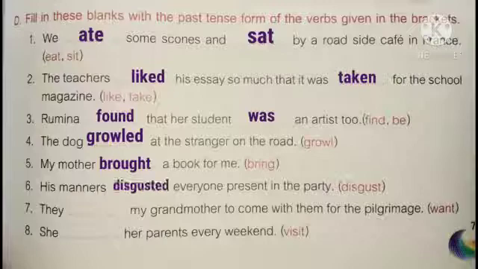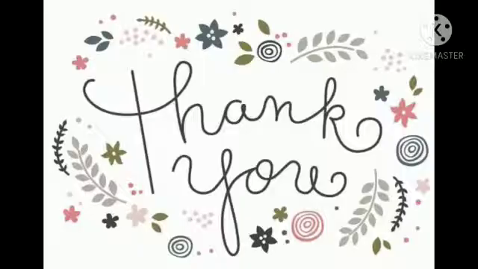His manners disgusted everyone present in the party. Seventh, they dash my grandmother to come with them for the pilgrimage. They wanted my grandmother to come with them for the pilgrimage. Eighth, she dashed her parents every weekend. She visited her parents every weekend. Students, this is the end of the chapter. Thank you.